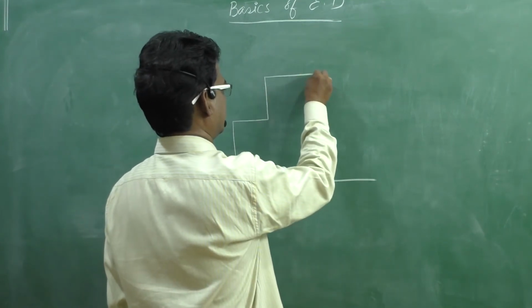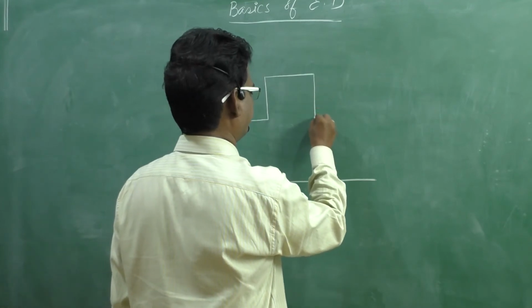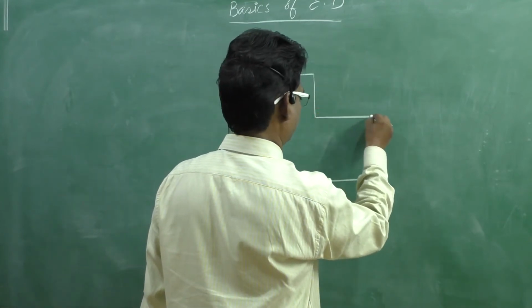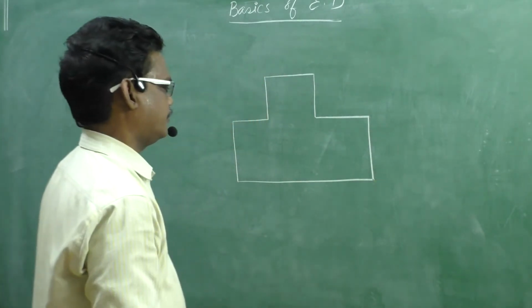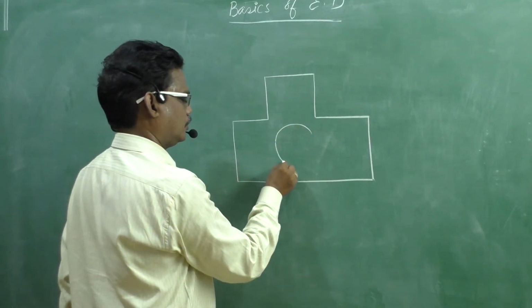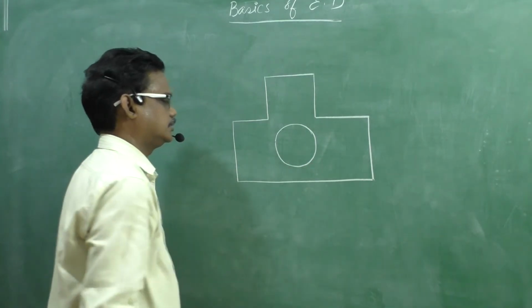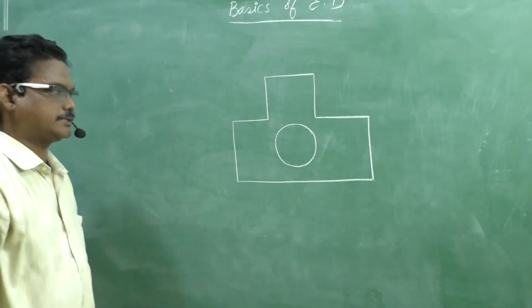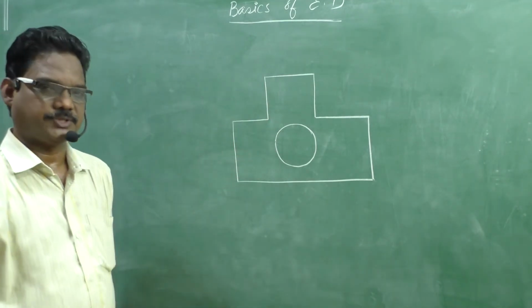This is a metal plate, and this metallic plate has a through hole at the center. This is a through hole. Now we want to give the dimensioning for this object.